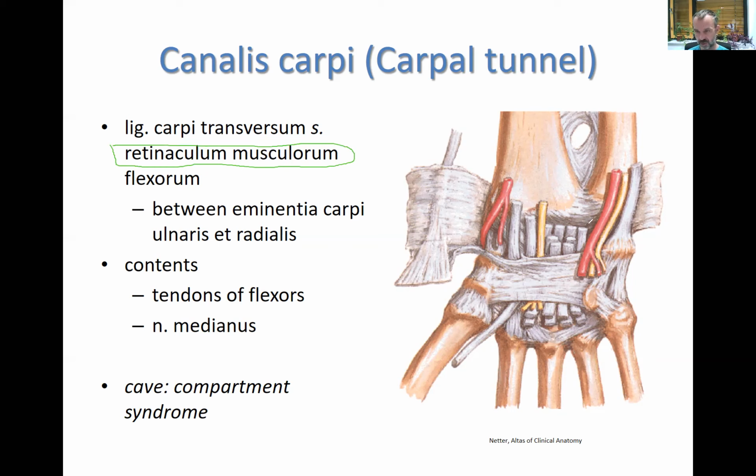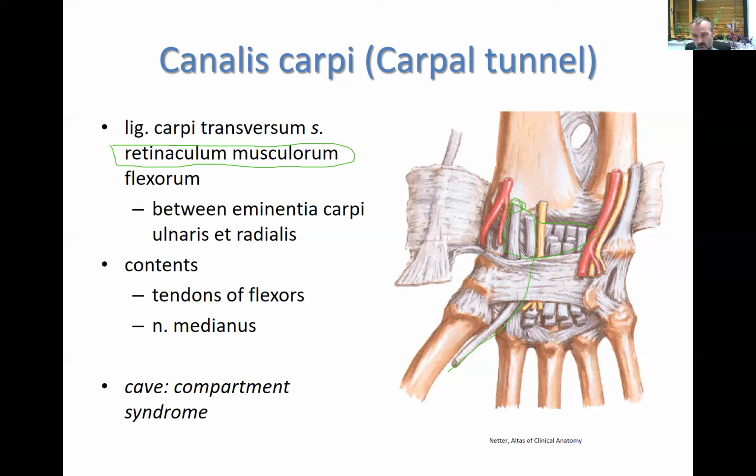And what is the content? You can see here tendons of flexors. There are 4 muscles, 2 flexors of fingers, that means flexor digitorum superficialis and profundus, 1 long flexor of thumb, which is this one, flexor pollicis longus, and this one, flexor carpi radialis.